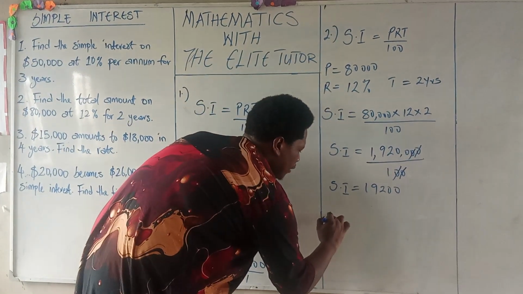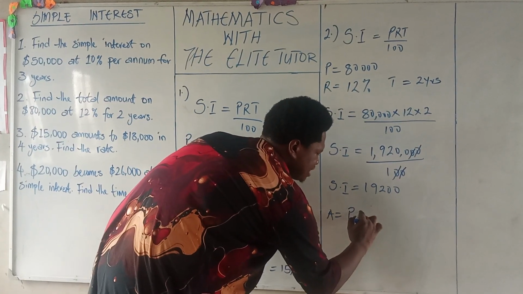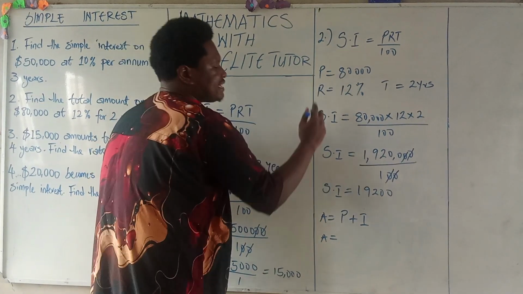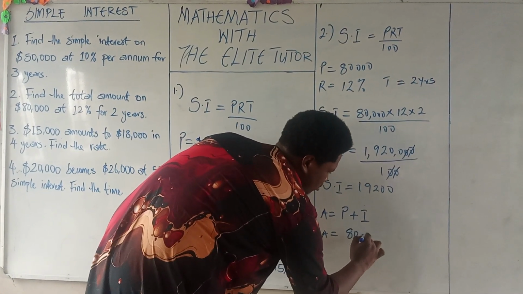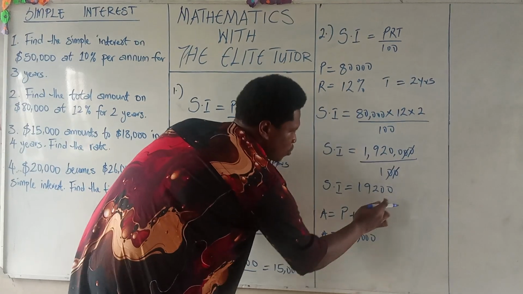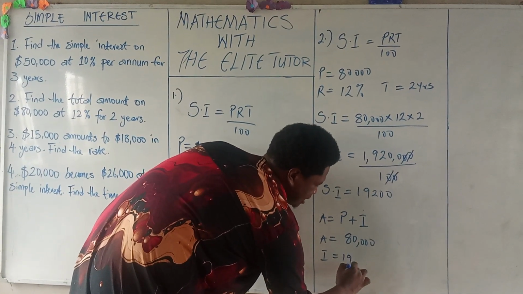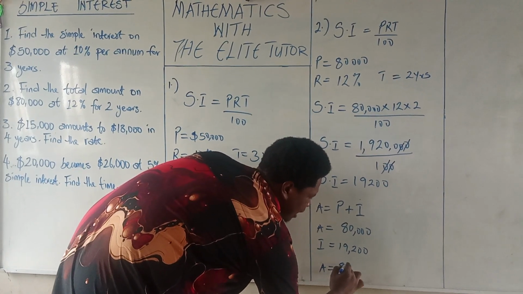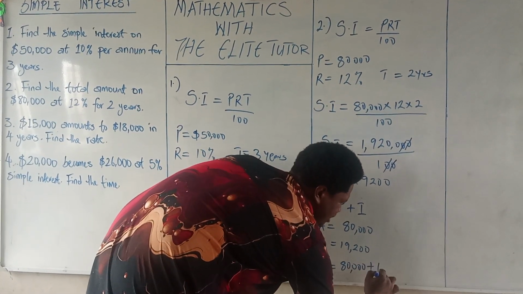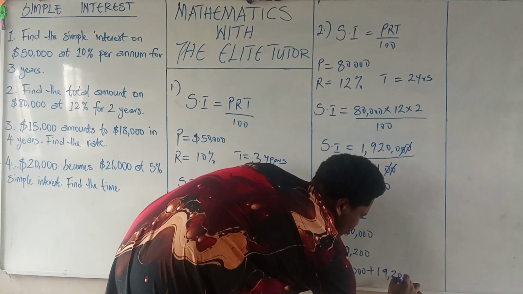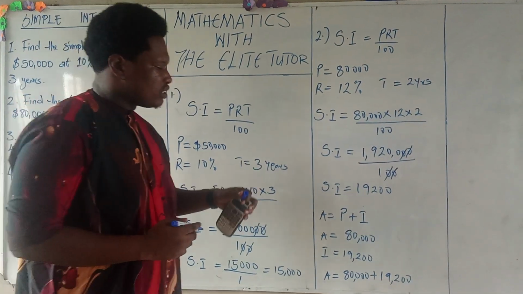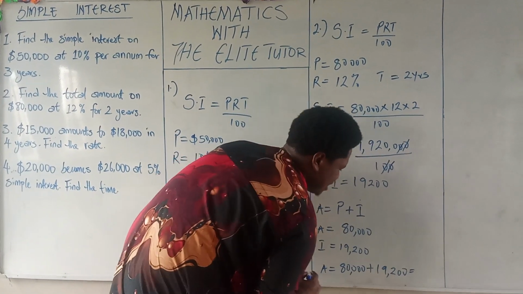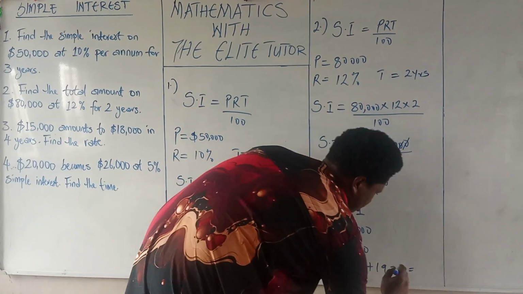So for us to ascertain our amount, amount is equal to principal plus interest. In this question, our principal is 80,000 and our interest, which we saw, is equal to 19,200. So our amount will be equal to 80,000 plus 19,200.